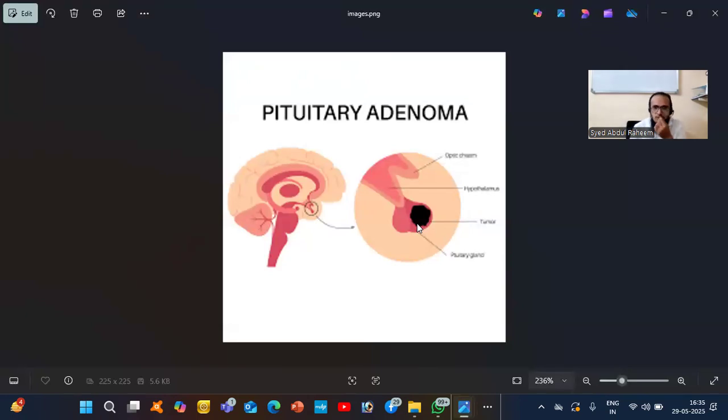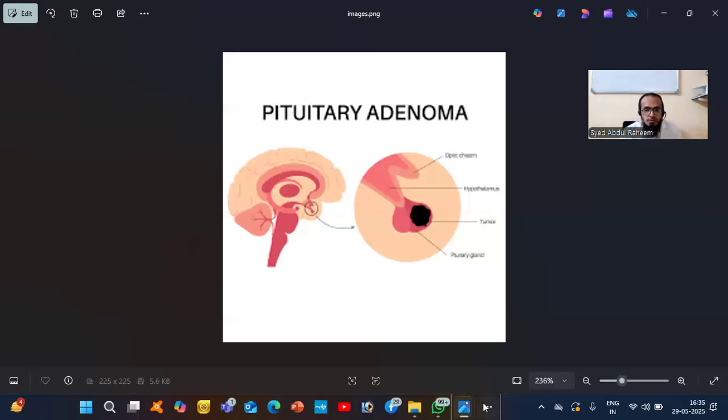What is the investigation of choice for macroadenoma? That is CE MRI, contrast-based MRI. For microadenoma, if you do contrast MRI it may not show, so you need to check with DCE MRI, dynamic contrast-enhanced MRI.